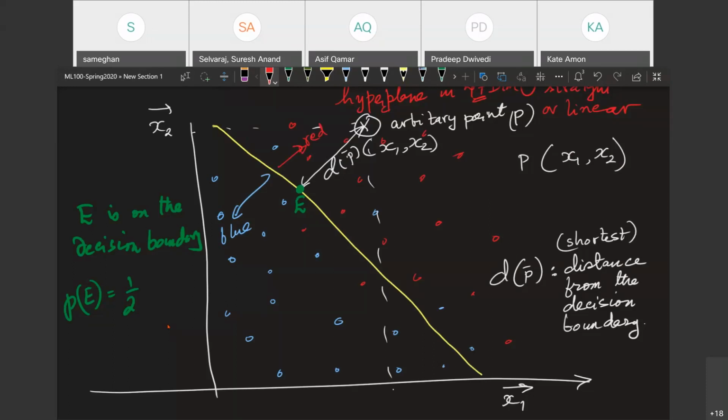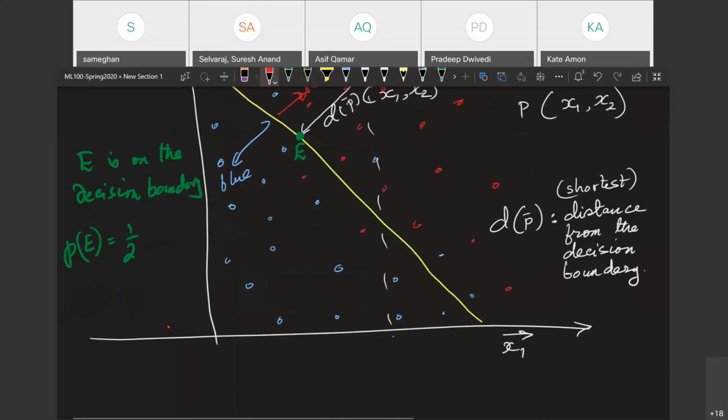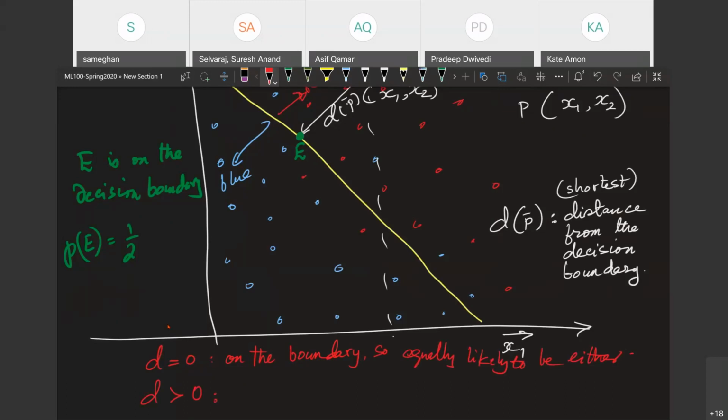So the intuition here is that D equal to 0 means on the decision boundary. On the boundary, so equally likely. Equally likely to be either. On the other hand, D greater than 0, what does it mean?